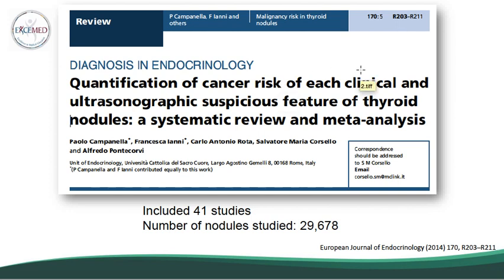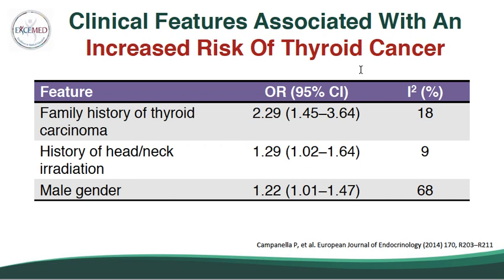ultrasonographic feature. With the clinical features, the things that you find in the history and physical examination, these are the three most important features that will point to a clue that the patient might have an increased risk of thyroid cancer. Patients with a family history of thyroid cancer are twice more likely to actually have thyroid cancer.